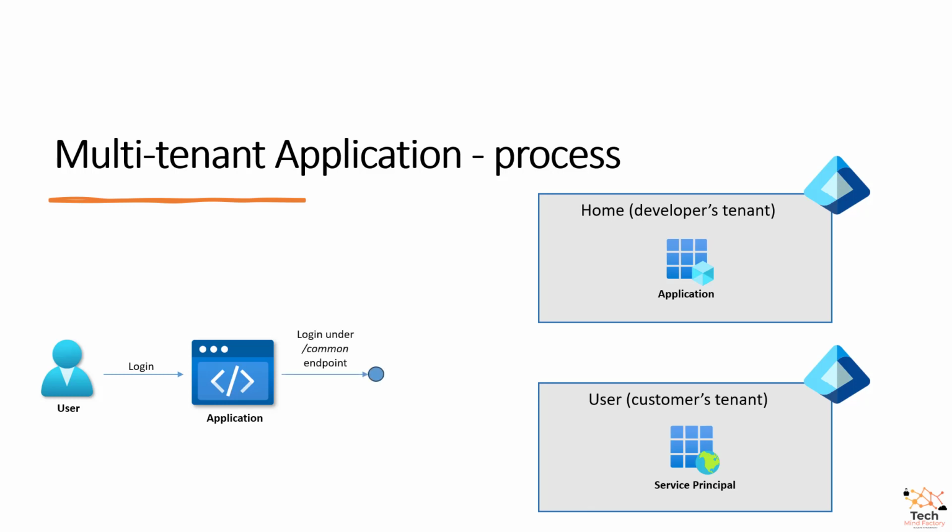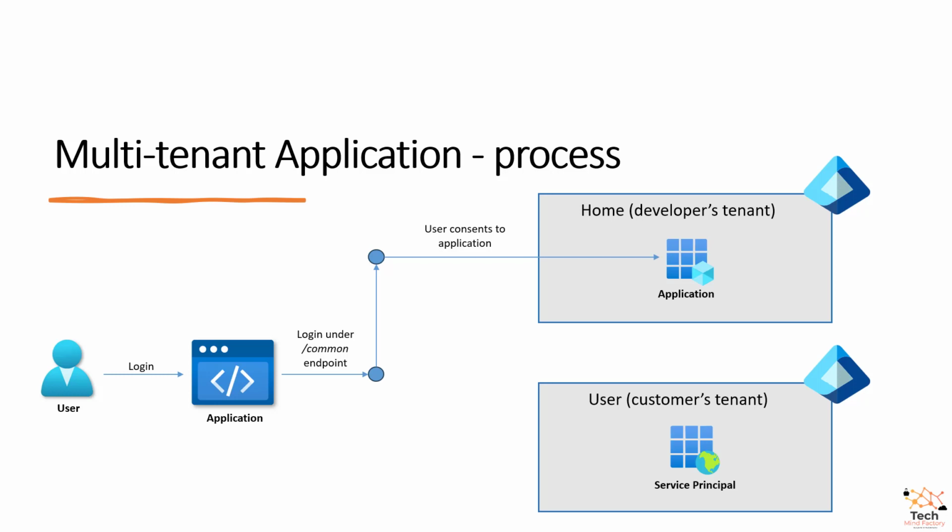So what will happen here, the user will use the common endpoint to sign in. And basically, the user has to consent to the application. So the user will authenticate and then will be asked to grant application-specific permissions. We saw it also during the demo for the single tenant application. So the user is authenticated, and there is a consent screen displayed like, hey, this application would like to access your basic profile, let's say, and so on.